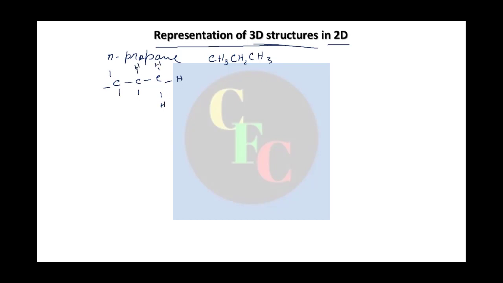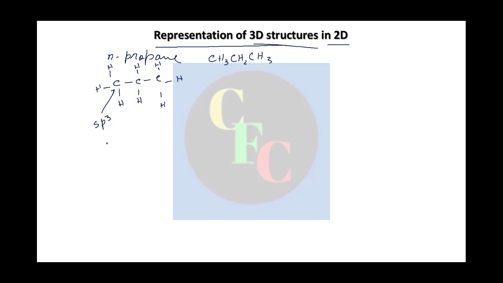Now in both these structures, they do not show us how the atoms are oriented in space relative to one another. For example, we clearly know that this is an alkane, so the hybridizations are all sp3 here.